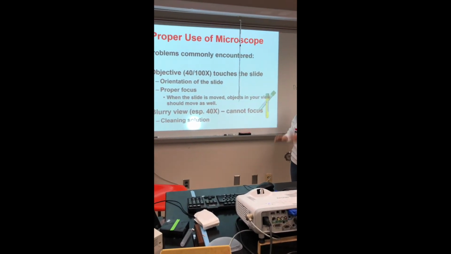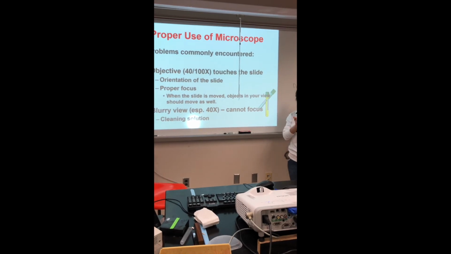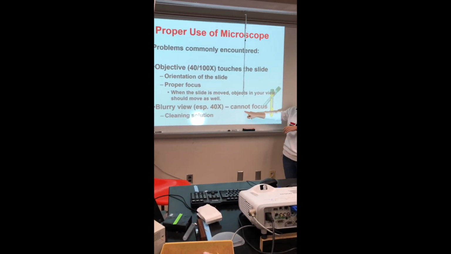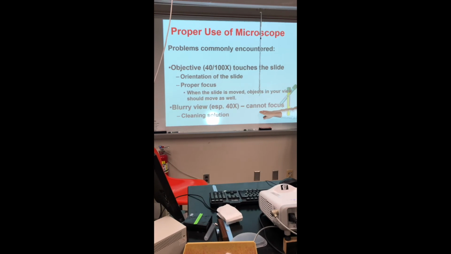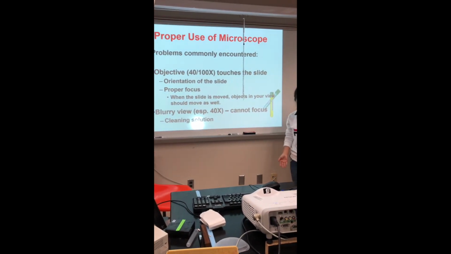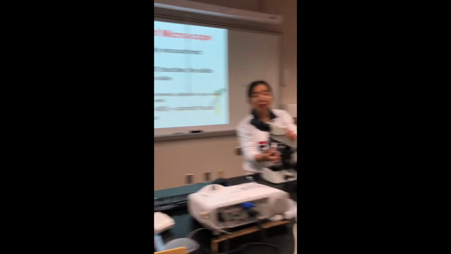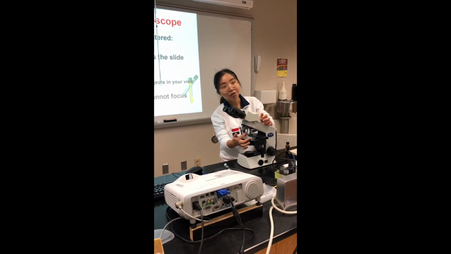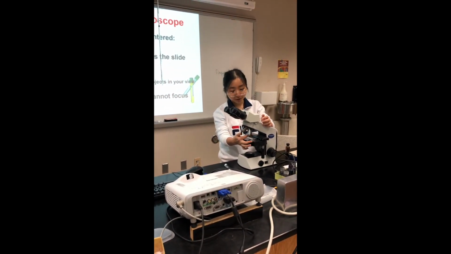Blurry views, especially at 40 times: you say, why can't I focus with my 40 times objective lens? That is because some people accidentally get the oil on the 40 times. This is our 40 times blue colored objective lens.